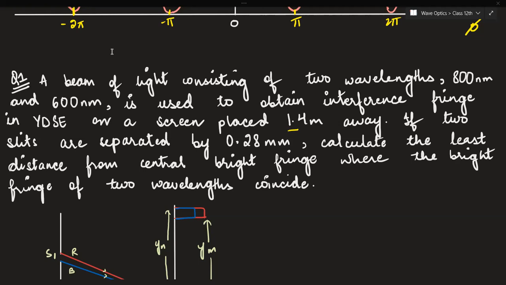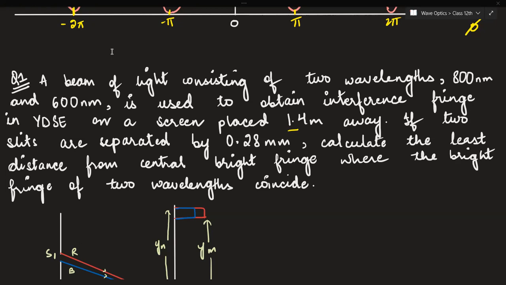Yes, class. Remember, if you want to find the separation of any fringe from the central bright fringe, you take the linear separation, y, that we had calculated for bright fringe separately, for dark fringe separately.